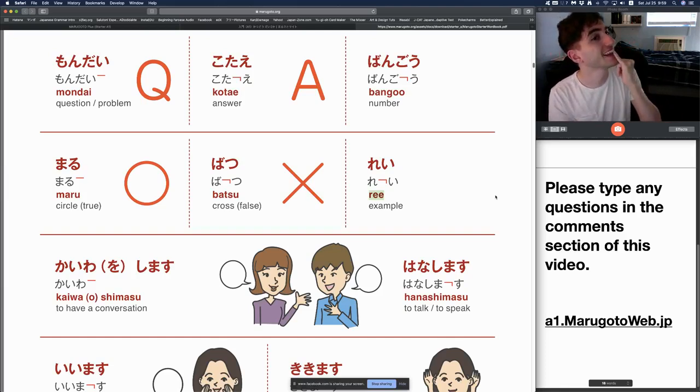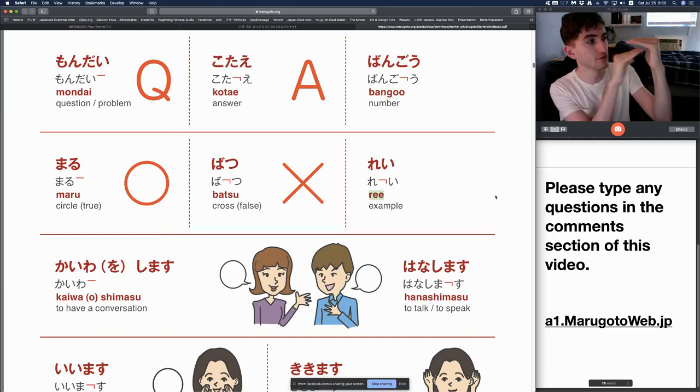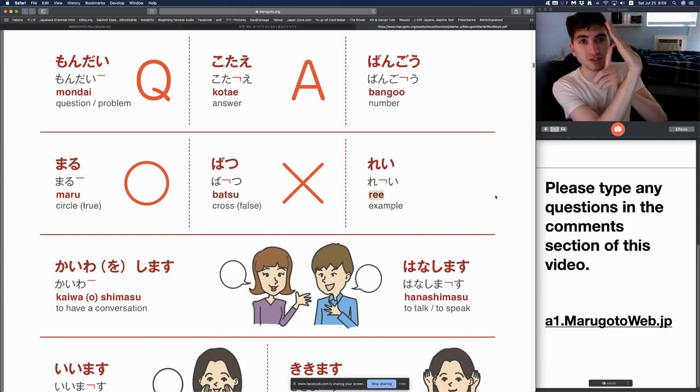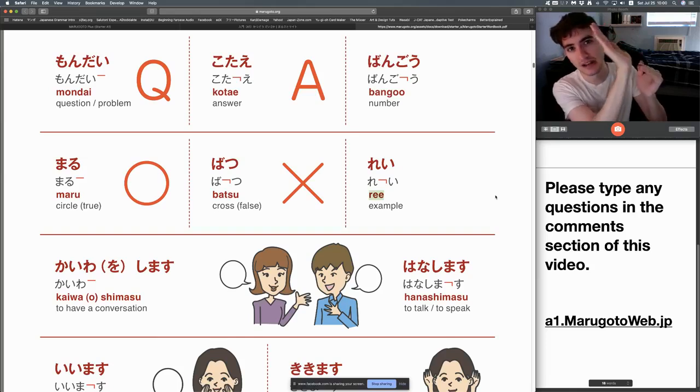So you have your teeth, okay, this is your teeth, this is the plateau behind your teeth, and then there is a kind of slope after that. When you do Japanese ra, ri, ru, re, ro, the tongue will touch kind of this back slope.